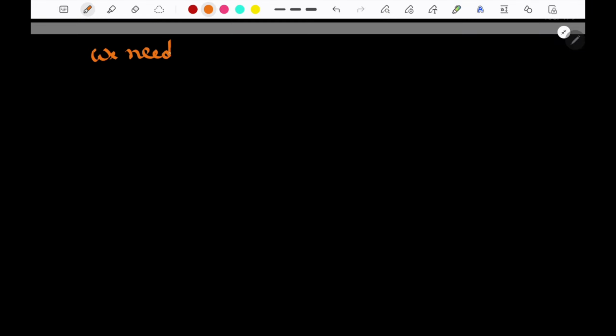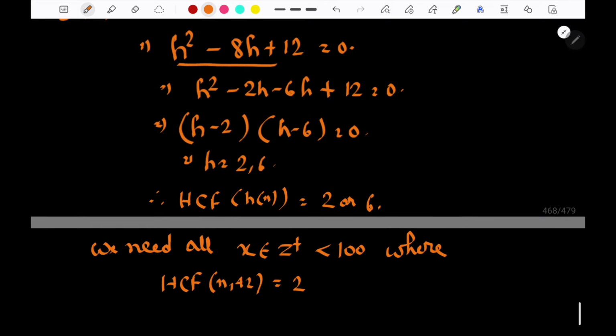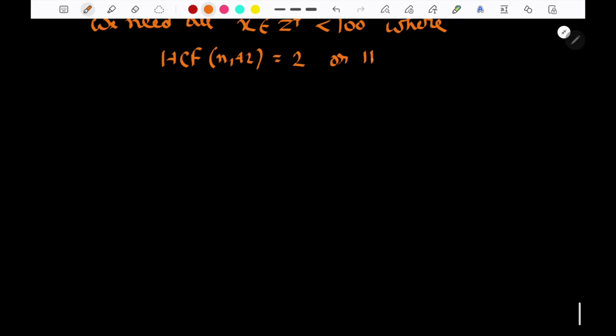We need all n that belong to Z plus, positive integers, less than 100, where HCF of n comma 42 is equal to 2, or HCF of n comma 42 is 6. Now these are the cases that we need to consider.